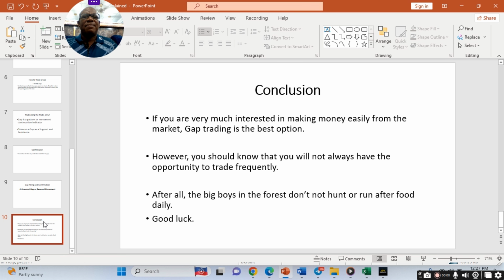Rather, they take their time, position, wait patiently, and once the opportunity comes, they hit it. Almost every successful trader does. No matter your capital, just patiently wait for the market to mature. It may be once a month, twice a month, or three times a month. It's better you make $1 in a month than to lose $1,000. That is just how it works.